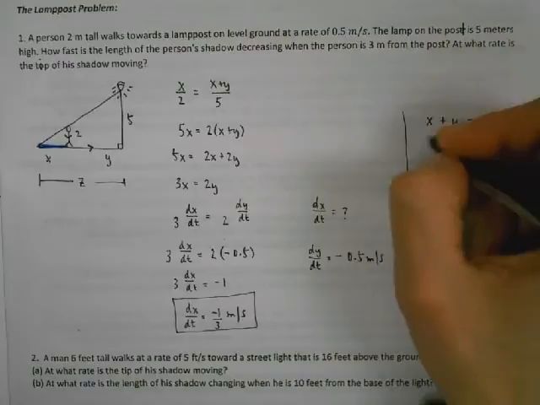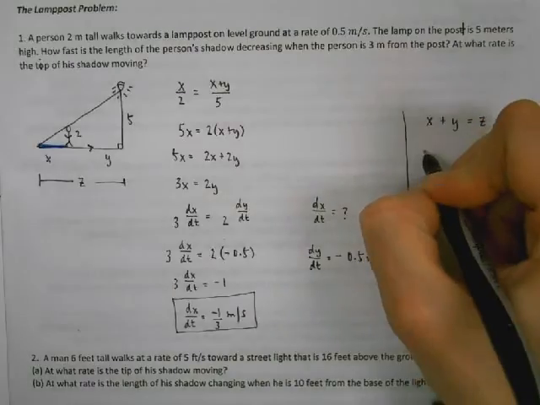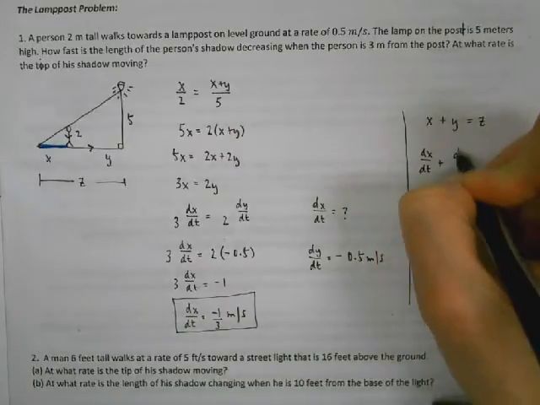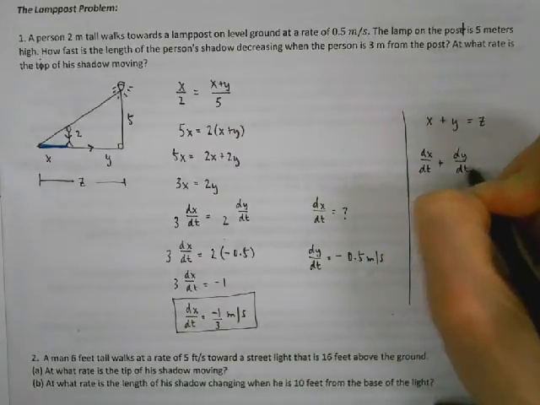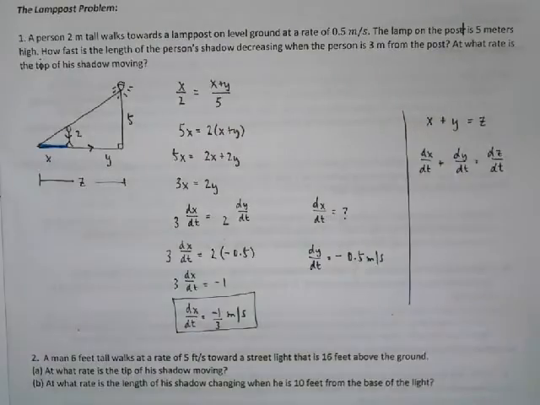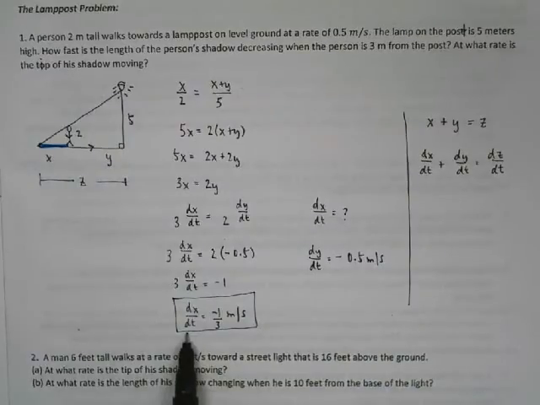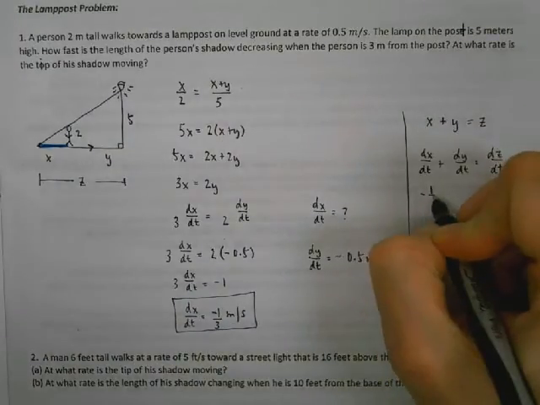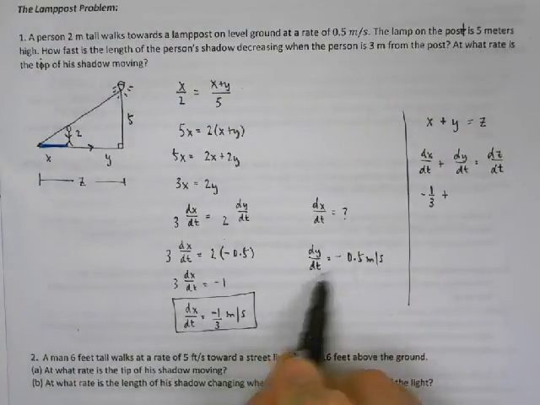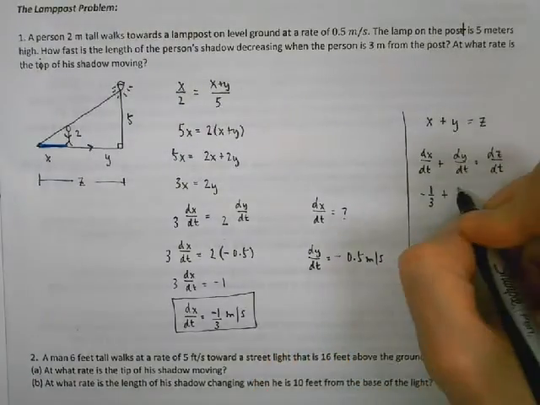Now I'm going to differentiate. The derivative of x with respect to t is just dx/dt, plus dy/dt, is equal to dz/dt. Now, I just solved for dx/dt. I know that's negative 1/3. dy/dt I know is negative 1/2.